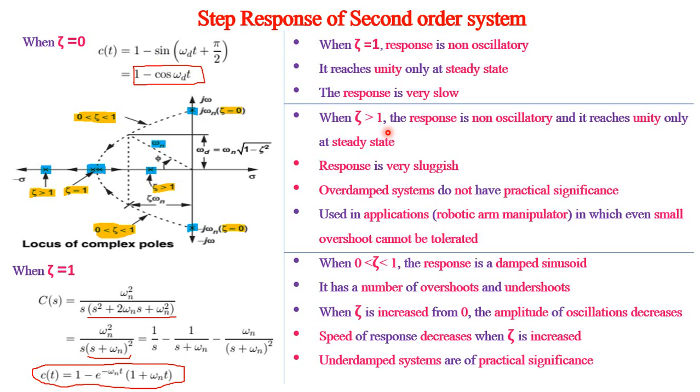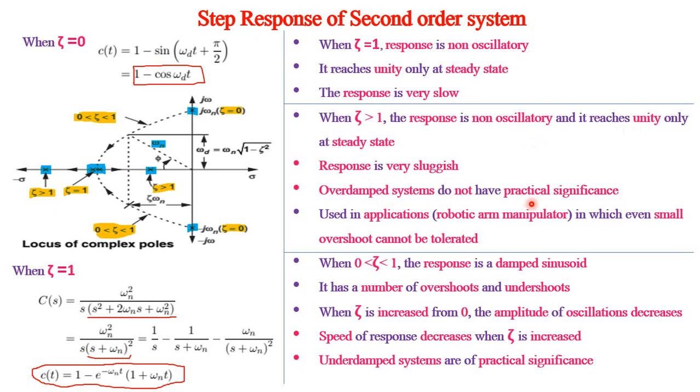Therefore, one root will be minus zeta omega n plus omega n root of zeta square minus 1. Another is minus zeta omega n minus omega n root of zeta square minus 1. So we can find the time response for that also in the same way. We have to derive it, but it will be still slower. The response is sluggish.